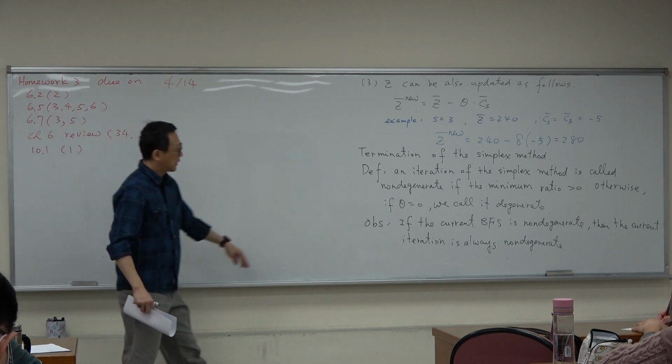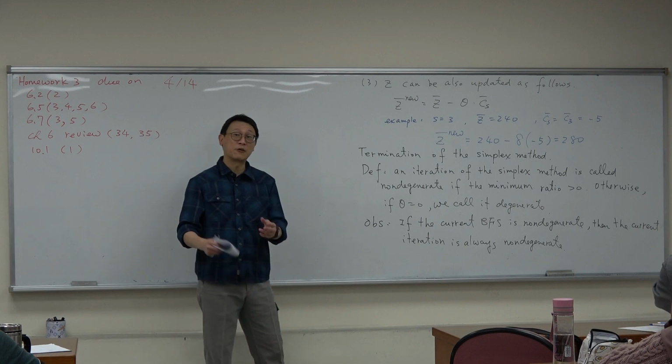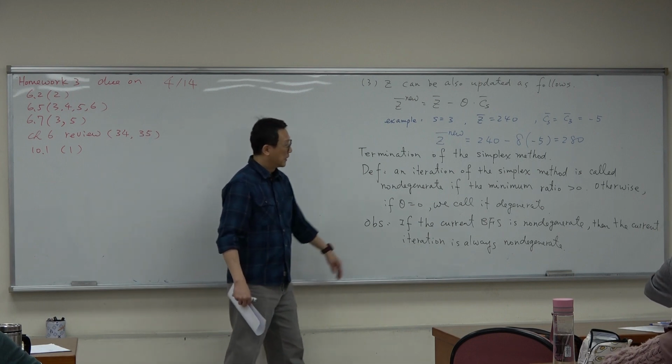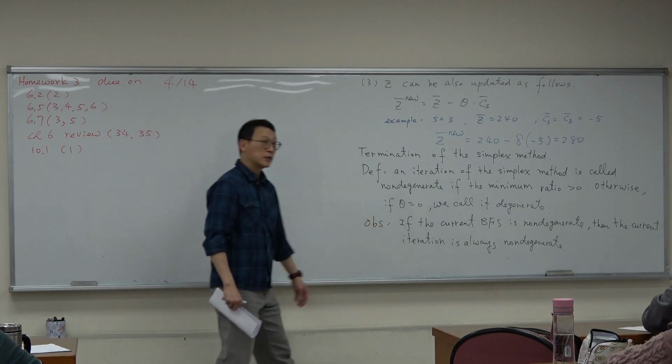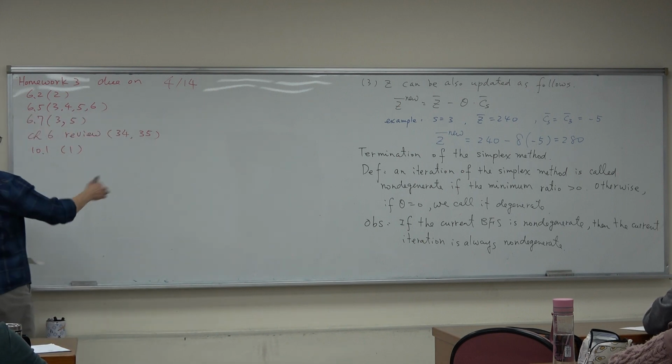The observation is that if the current basic feasible solution is non-degenerate, meaning the right hand side is greater than 0, then the next iteration is also non-degenerate. How can I prove this?